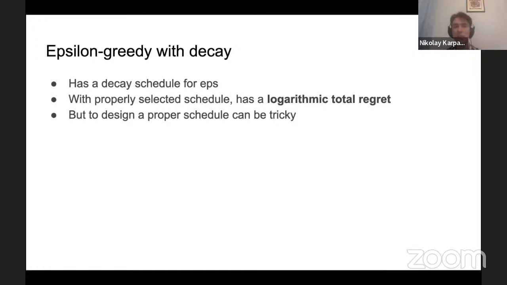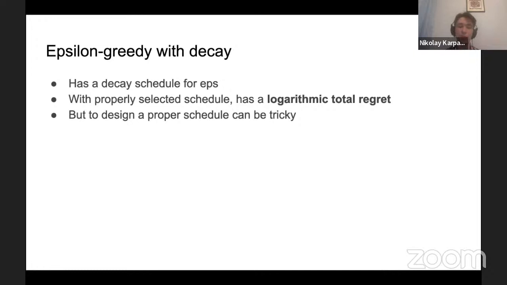But in practice, it's not very trivial to design a schedule for your concrete environment, for your precise problem, because different algorithms have different rates of convergence, and if you explore too aggressively, you would probably make too many unnecessary steps with random sampling.